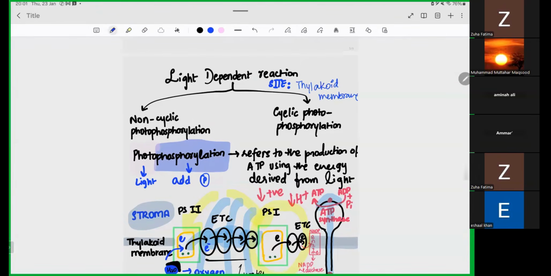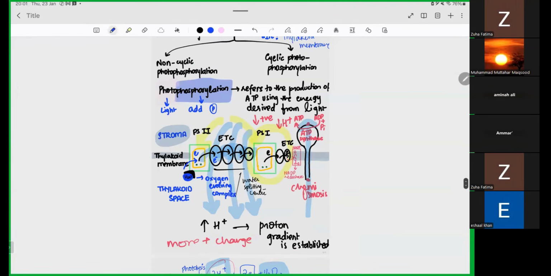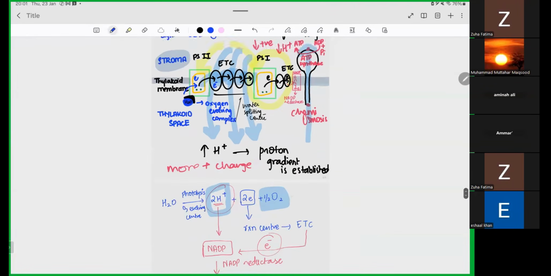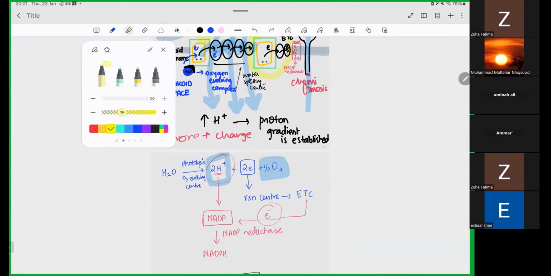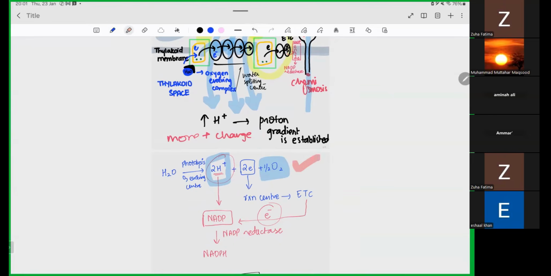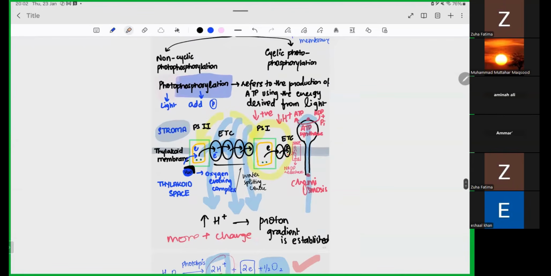So if we look at the yields, in non-cyclic photophosphorylation, we were forming oxygen. We had oxygen over here as a result of photolysis of water at PS2, and we were forming reduced NADP, and because of chemiosmosis, we were forming ATP.